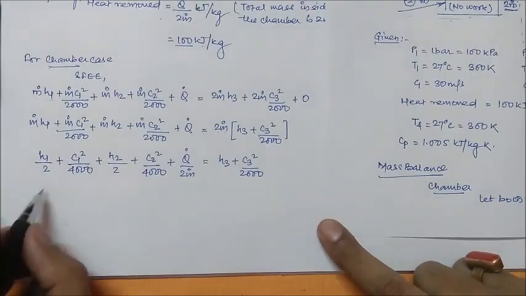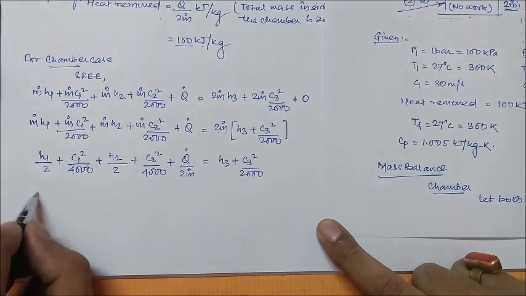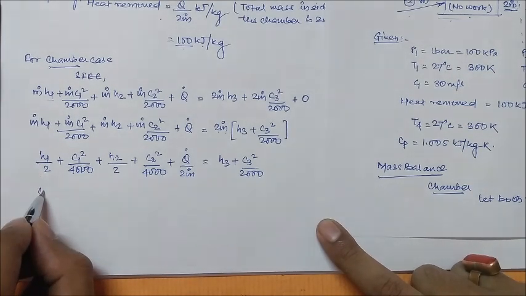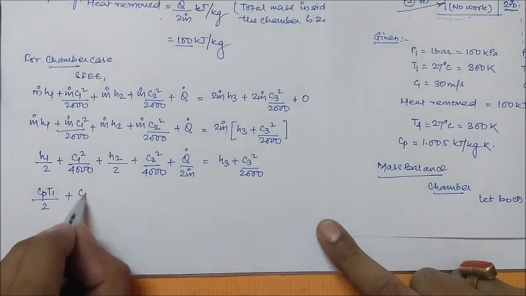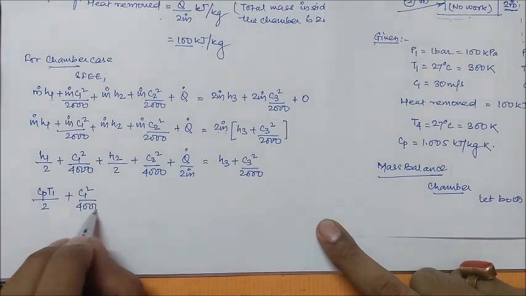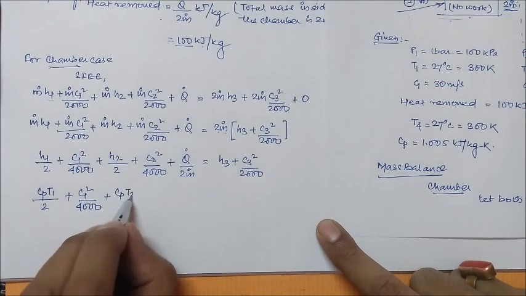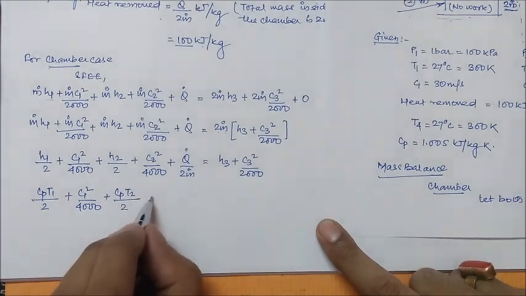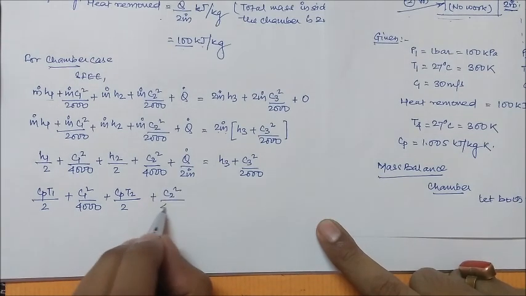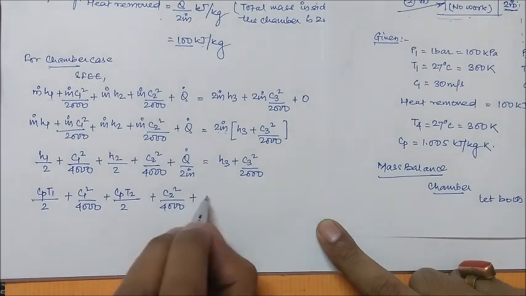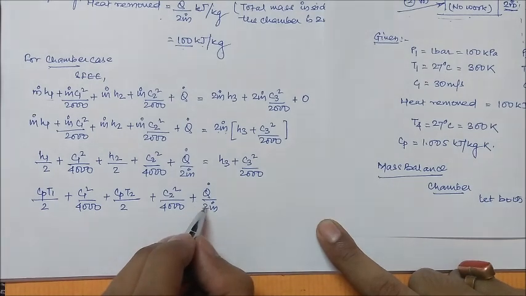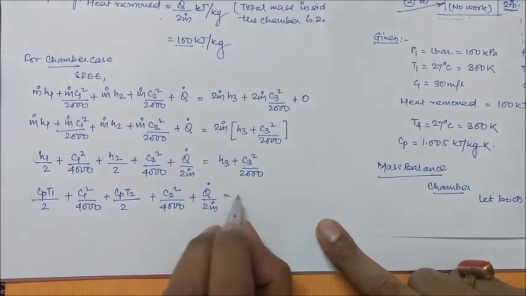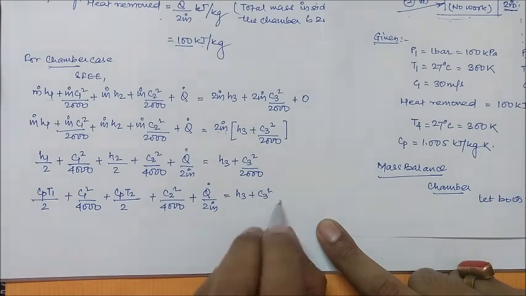So H1 can be written as, this is specific enthalpy, Cp T1 by 2 plus C1 square by 4000, plus Cp T2 by 2 plus C2 square by 4000, plus Q dot by 2 m dot, that is the heat flow rate per kg, is equal to H3 plus C3 square by 2000.